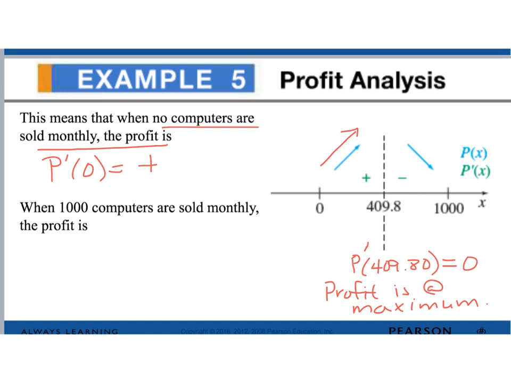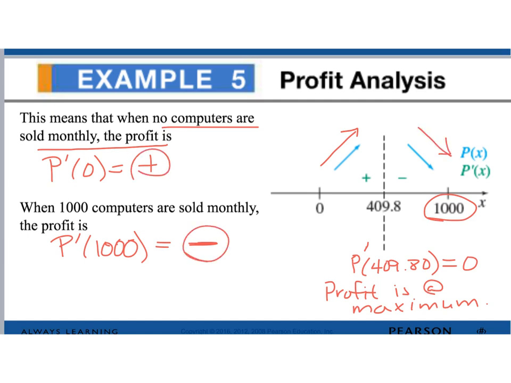That's going to be the main point of the next section, this is how you find the maximum profit. And if you make more than 409.8, in other words, here's a value that's more than that, you find that P prime of 1,000 is equal to a negative number. It doesn't matter what those numbers are, it is simply that they are positive and negative. And that 409.8, in other words, 409 computers, produces your maximum profit.